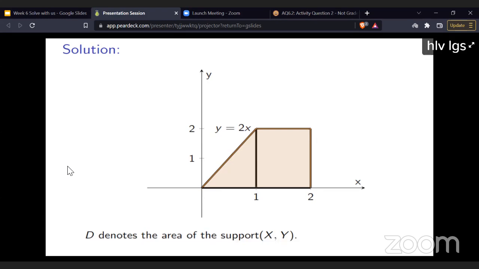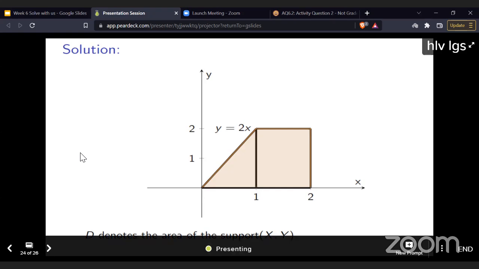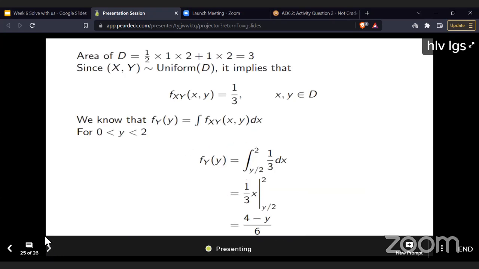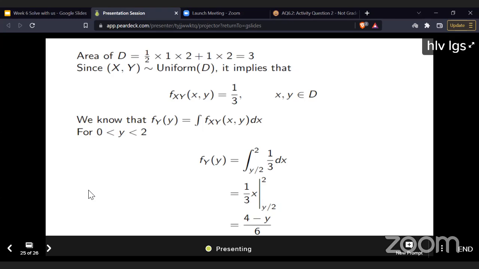In the graded assignment, you have to find the marginal of x, I suppose. So we have seen here how to find the marginal density of y. Similarly, you can work out the marginal of x. In the case of x, there are two different regions, so you will have to try to figure out how to do it.